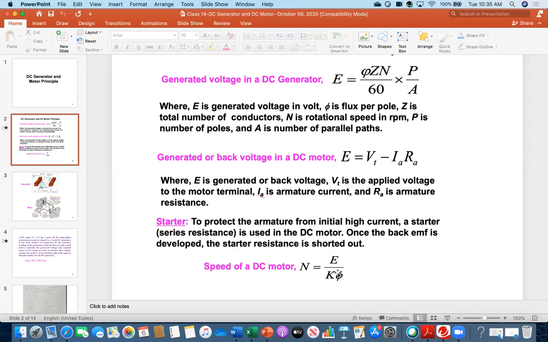Now, what you can see from this equation is that in the denominator there is flux. Everybody see, if the flux is 0, what will be the speed? What will be the speed value if the flux is 0? It will be infinity, right?